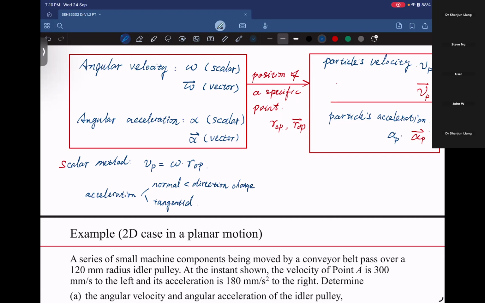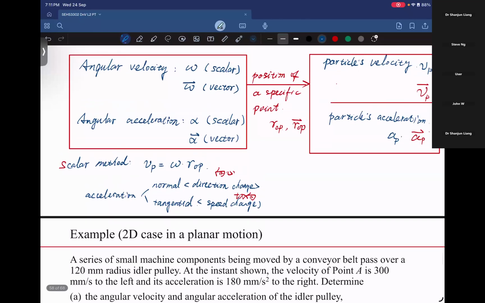And we can take it as centripetal acceleration (向心加速度). And the tangential acceleration is about the speed change, right? We take it as tangential acceleration, which is 切向加速度, right?